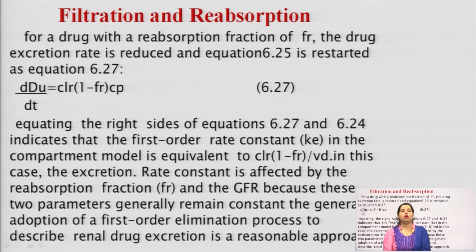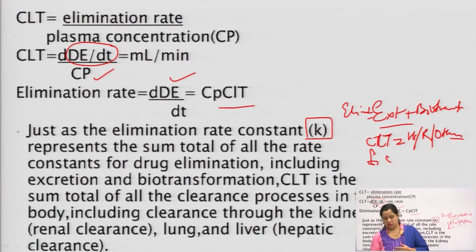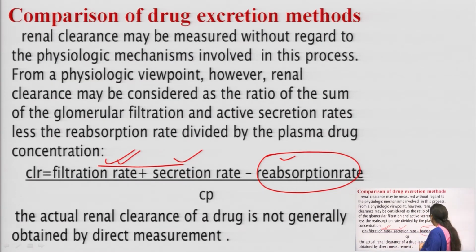That was about filtration only. Now, if we consider reabsorption also during renal clearance, for a drug with a reabsorption fraction of Fr, the drug excretion rate is reduced and the equation is restated. If the drug is getting reabsorbed, this equation will be followed again, including the reabsorption rate.